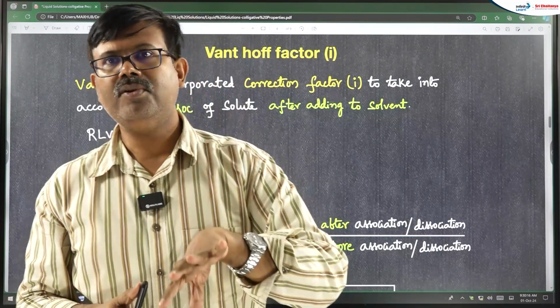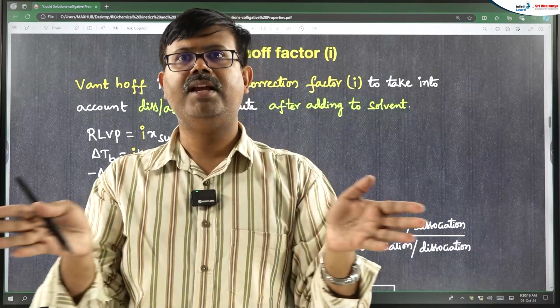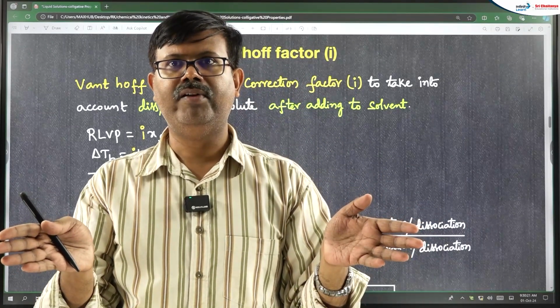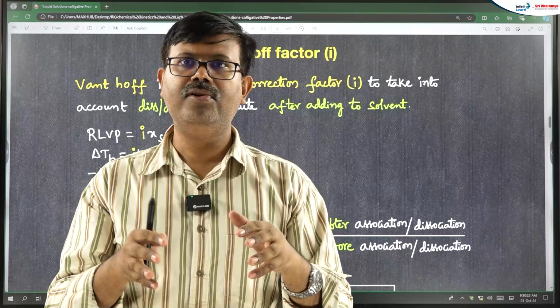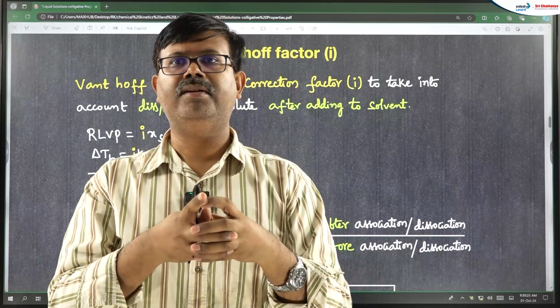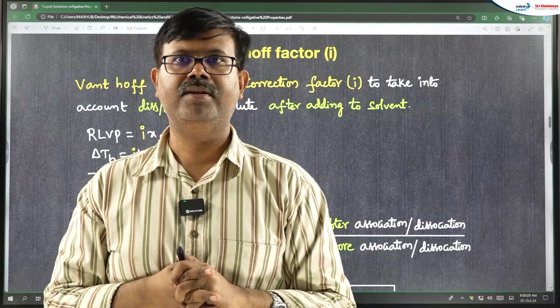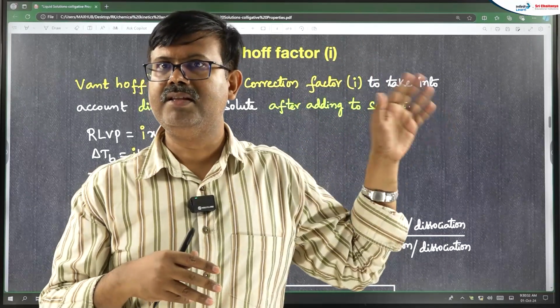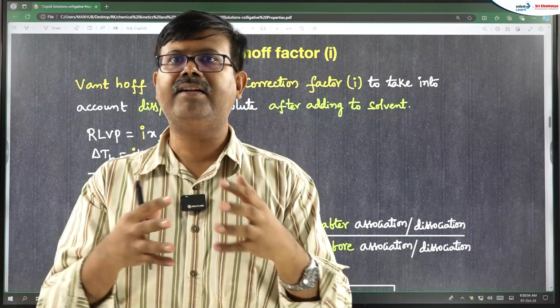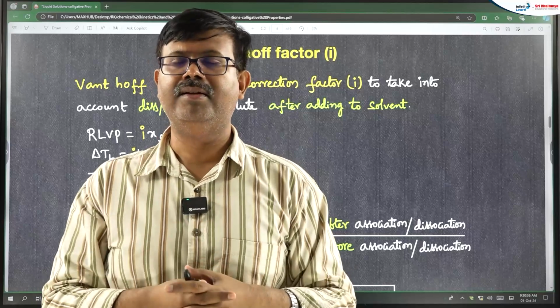So some solutes will undergo dissociation after addition to the solvent, whereas some solutes undergo association. This will affect the colligative property values. And previously when we saw the formulas, this factor, dissociation or association, was not considered anywhere.